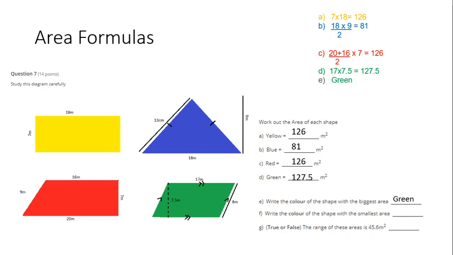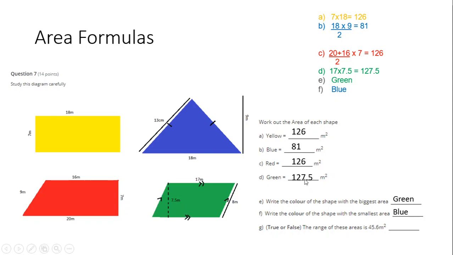The color of the shape with the smallest area, hopefully that's obvious from my answers here as well, it's the blue shape. And true or false, the range of these areas is 45.6. When you see true or false, I hope you're not just guessing at it. You should note that the range is the highest minus the lowest. And the highest, we've already identified, the biggest shape was the green shape.